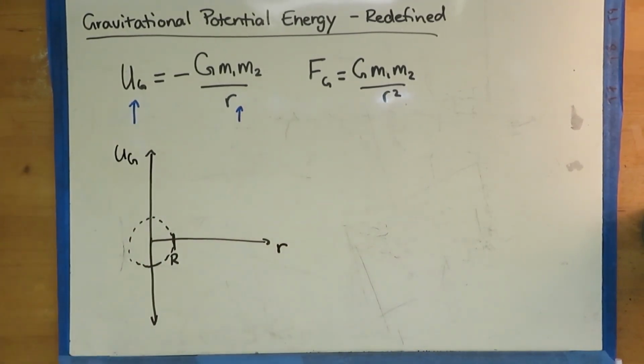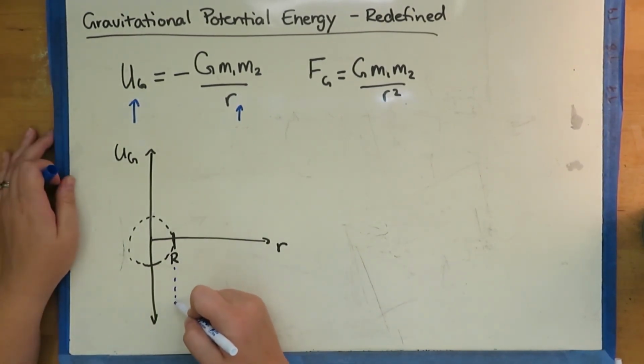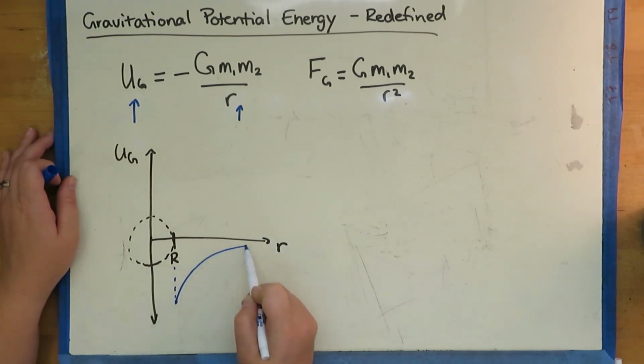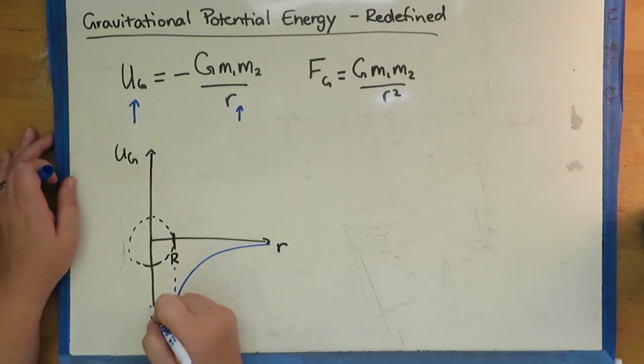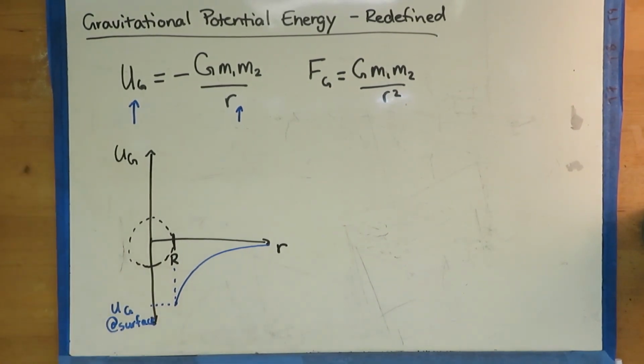And this is radius r. What happens is if you were to plot this function, you get a graph that looks kind of like this, where this is the gravitational potential energy at the surface of the planet.